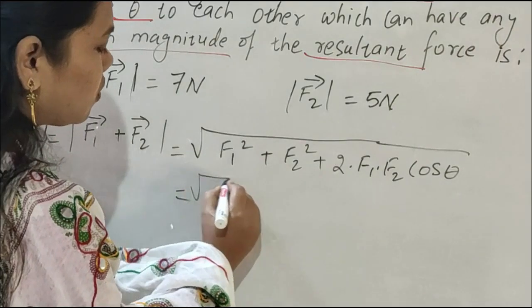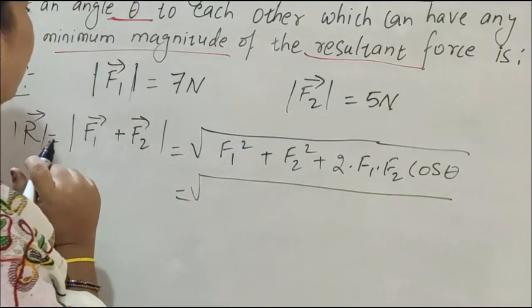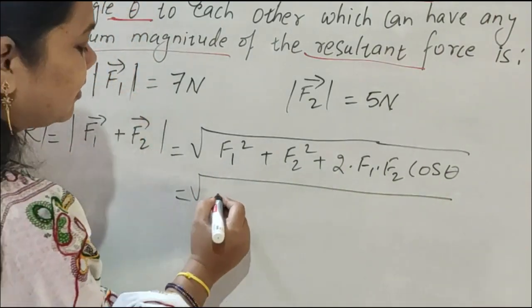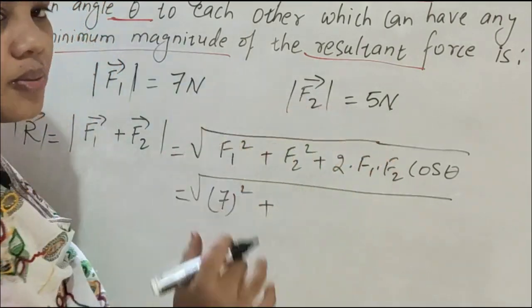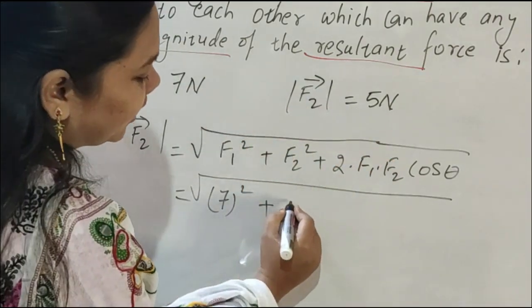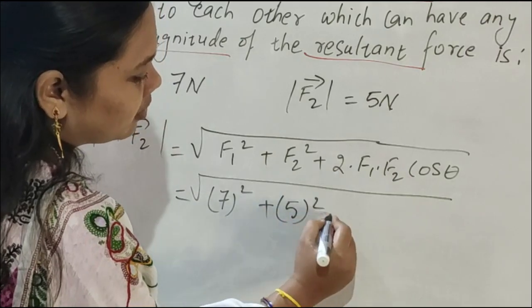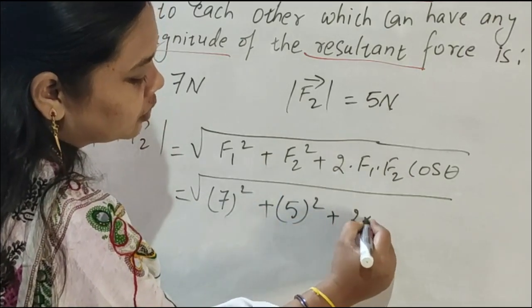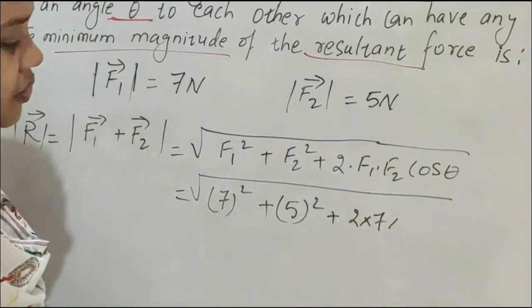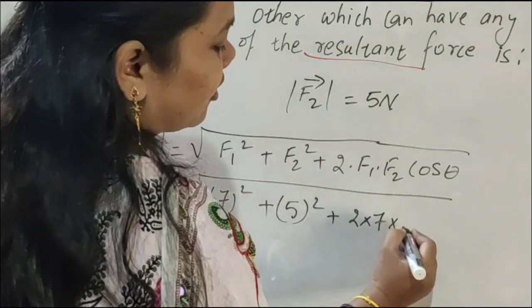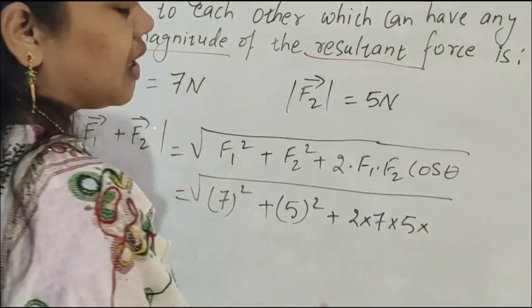So the square root of F1 square, how much is F1? 7 square plus F2 square, how much is F2? 5 square plus 2 into F1, 7, the first force, into the second force, 5, into cos theta.